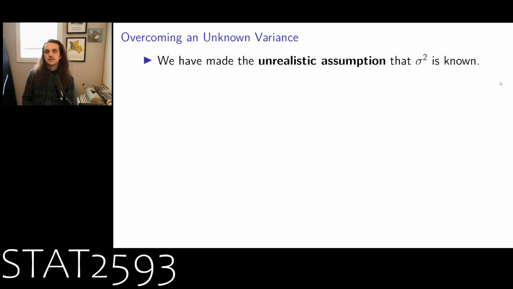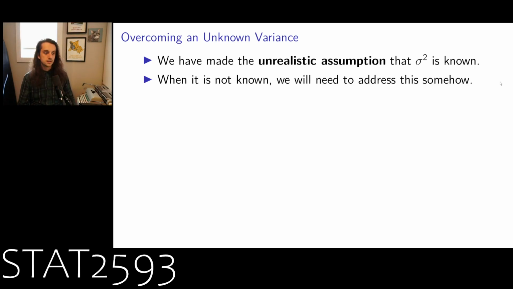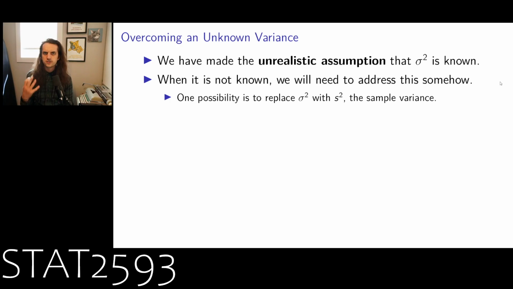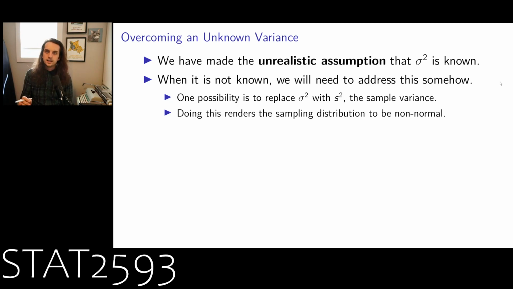So in the last lecture, we made the unrealistic assumption that the variance of our population was known. When it's not known, we need to address this somehow. And so a natural possibility to think about is what happens if we replace the population variance, sigma squared, with s squared, our sample variance. If we do this in general, we render the statistic that we care about to be non-normal.